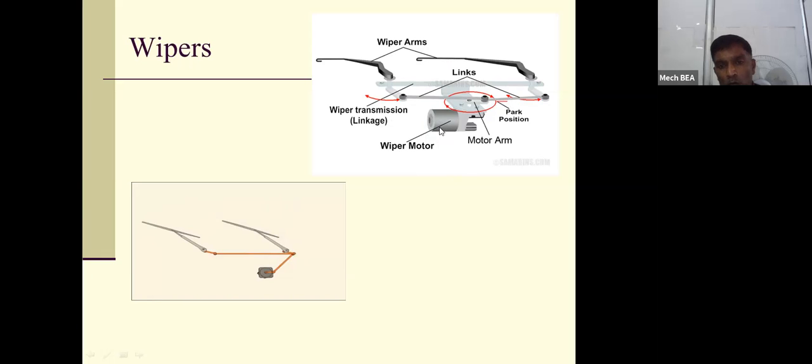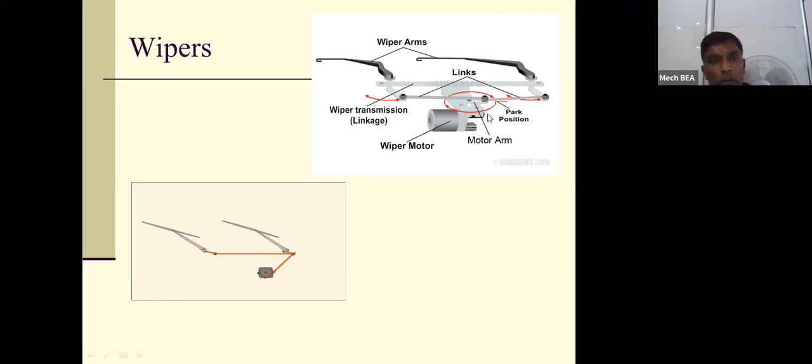Through this wiper motor, we can have oscillating movement for these wipers, and that is required to clean the glass in front of the driver, and it is most useful during rainy seasons to have clear vision of the road to get better control.